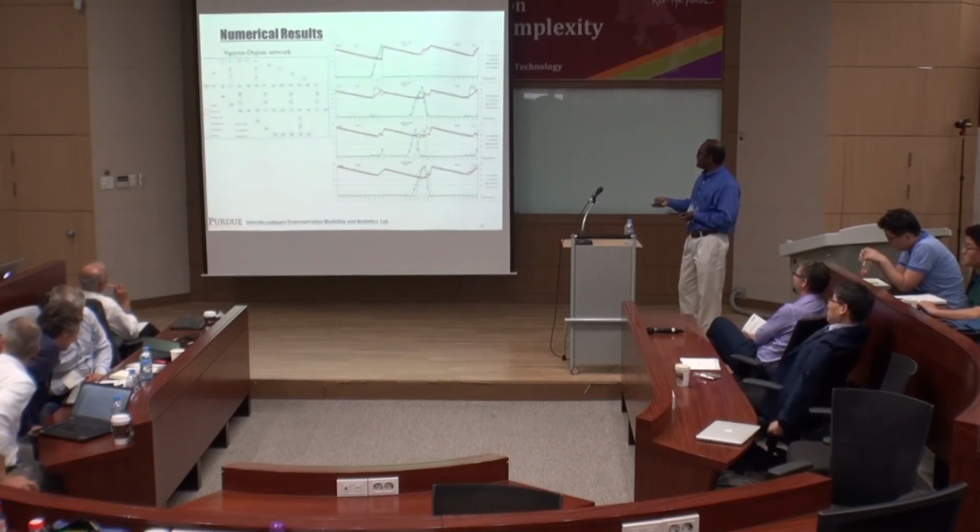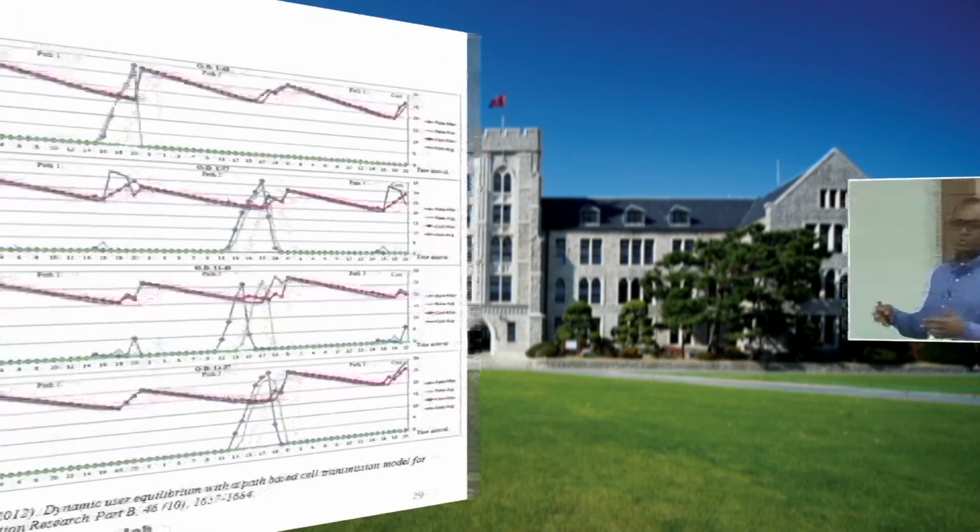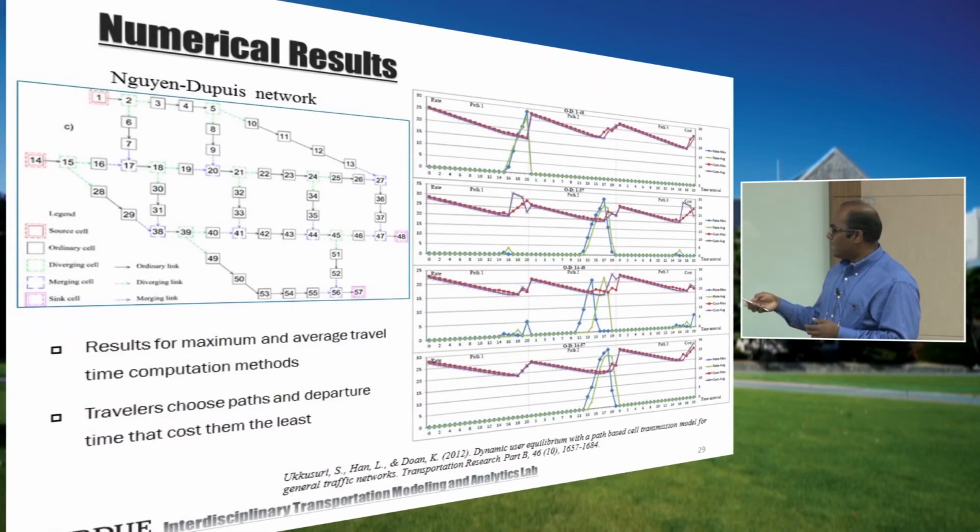Okay? And so you can apply this algorithm to any citywide network, and we have run many numerical computations, and once you solve this problem, checking whether a solution is an equilibrium or not is pretty easy, right? So whenever there's a flow, that's the minimum cost. Whenever there's no flow, that's always higher than the minimum cost. So you can always check whether the solution is indeed an equilibrium solution or not.